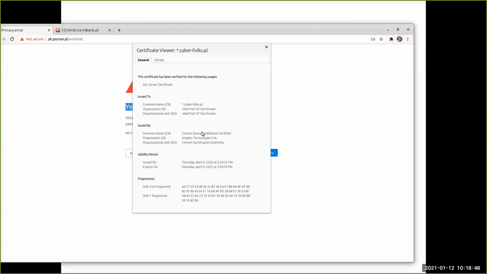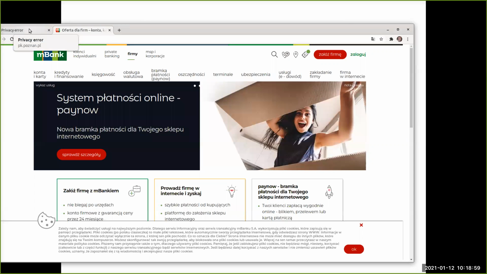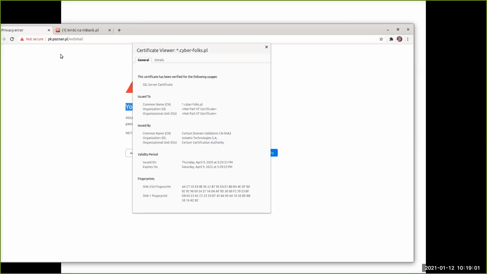Of course, if you have a bank site, it's worth paying for it. But if you have your own server and hosting, sometimes you don't want to spend 30 euro per year for it, and you generate this certificate on your own. So it was done in this case.